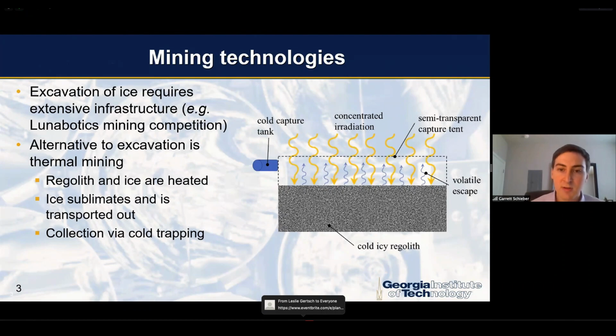And that vapor then sublimates out of the regolith and is funneled to a cold capture tank shown here on the right. The funneling occurs as there is a semi-transparent capture tent that doesn't allow volatiles to escape into space, but also allows that concentrated irradiation to strike the surface of the cold icy regolith.